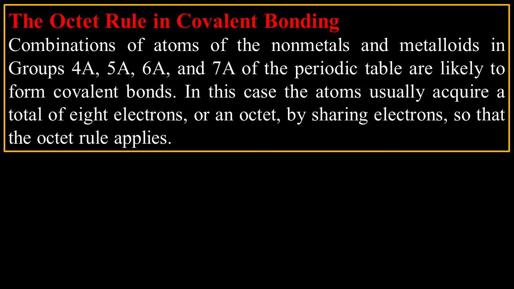Look at the regular numbering of that table for those various columns. For instance, 4 is going to be 14, so it'll be 14, 15, 16, 17. That'll be 4A, 5A, 6A, 7A. So make sure you know what columns they're talking about when the book says 4A, 5A, 6A, and 7A.